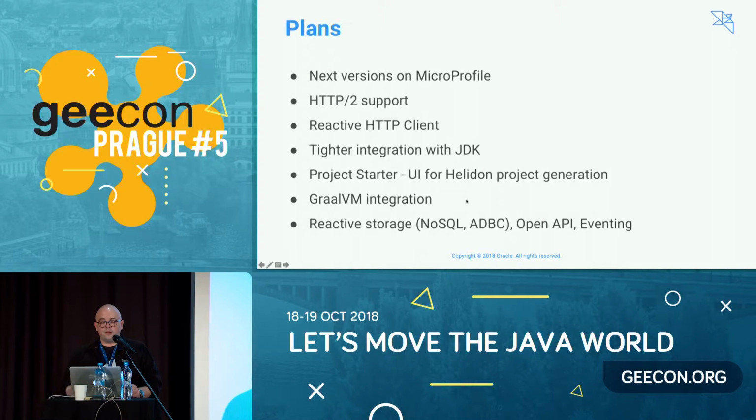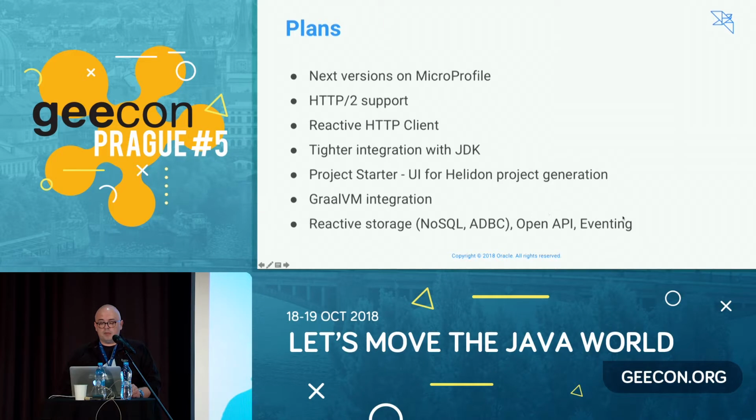We already started work on integrating with GraalVM, and the results are very impressive. So it works faster, it starts faster, it can serve more requests. We are planning to deliver a solid integration with GraalVM sometime next year.